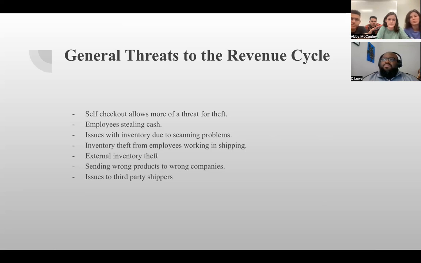As she just talked about, employees stealing cash, issues with inventory due to scanning problems, theft from external factors due to shipping and other things, sending the wrong products, and issues with third-party shippers, because at the end of the day, these big companies are liable for the shippers that they are hiring.